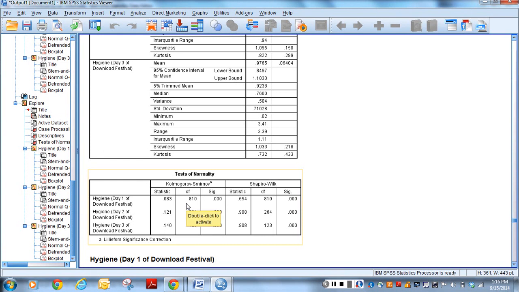So my findings are actually a little different from the book's findings. Again, there's something with day one, a mistake in the book somewhere. So here is our KS statistic. This is our DF. We have a sample size of 810, and this shows that it is significant. So the data distribution on day one is significantly different from a normal distribution.